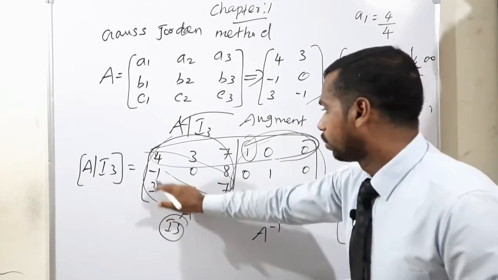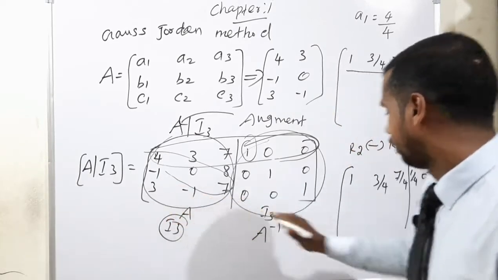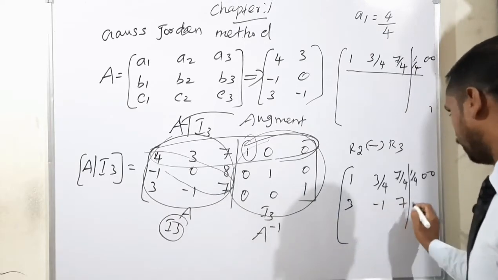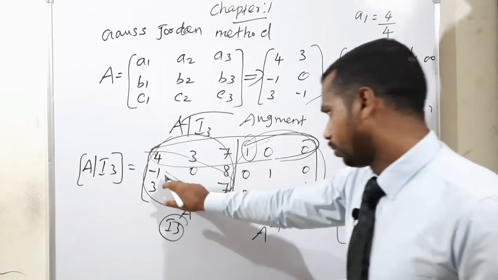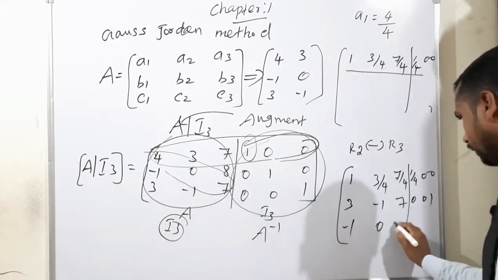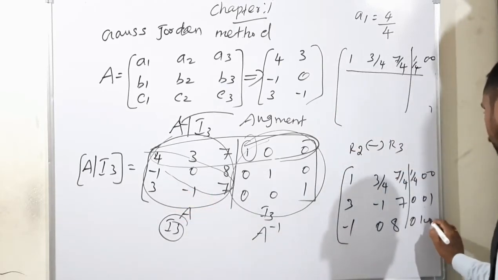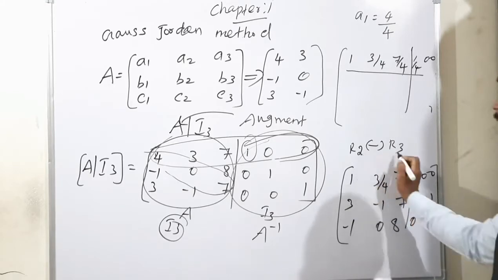Row 2 interchanged with row 3 gives 3, minus 1, 7, 0, 0, 1, and minus 1, 0, 8, 0, 1, 0. This is called interchanging row 2 and row 3.